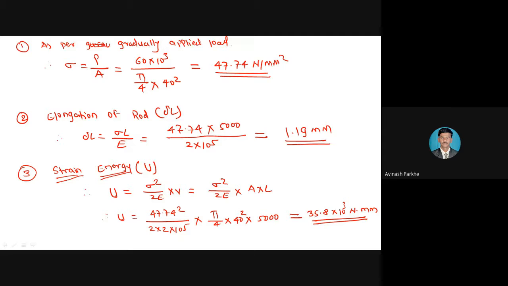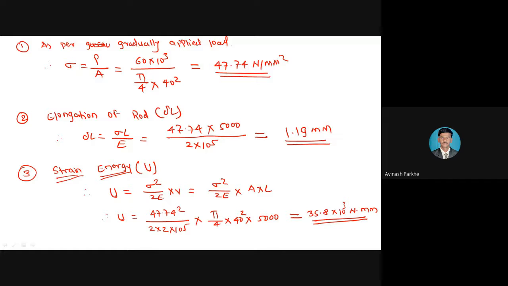Yes, 35.80. Others, what is your answer, please? Stress, then elongation, and U. The problem is like the previous one, but in problem number 1 the load is suddenly applied.